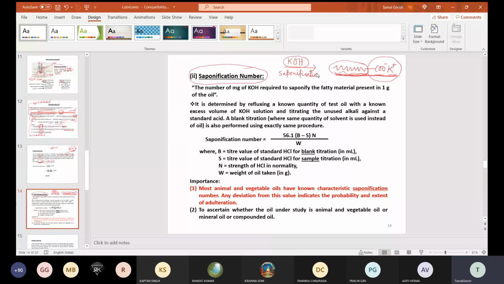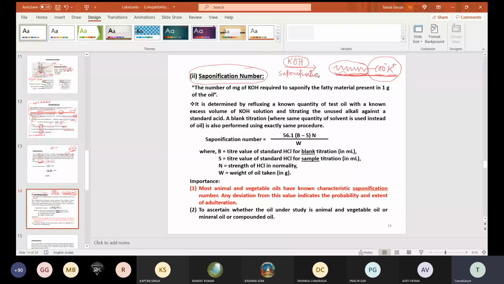At the end of the chain, COO minus, basically the potassium salt, that means COO minus K plus. So that is the soap being formed here. This is our saponification.